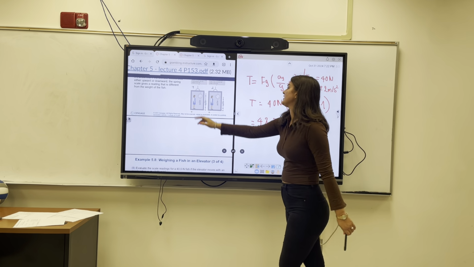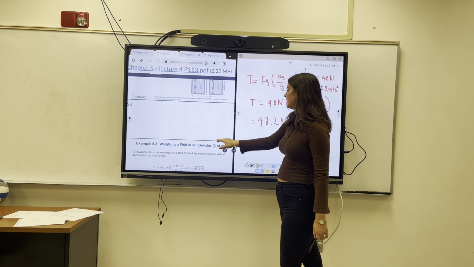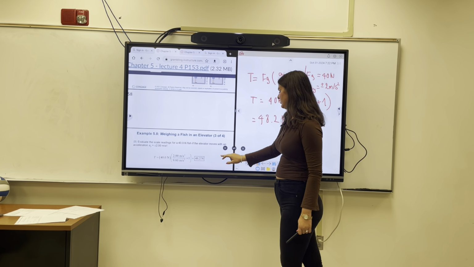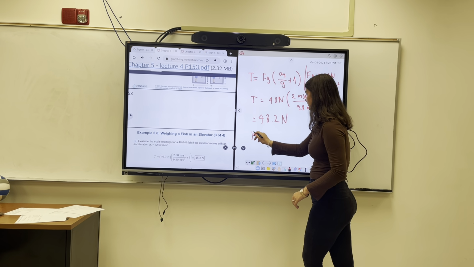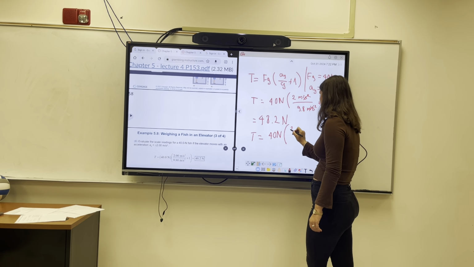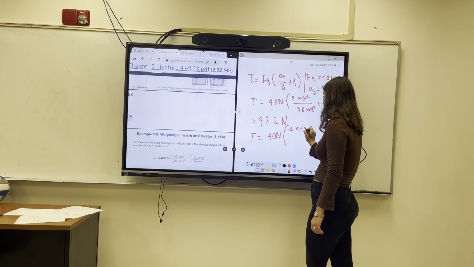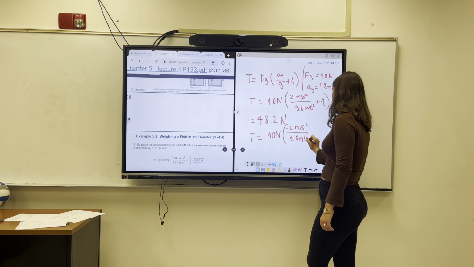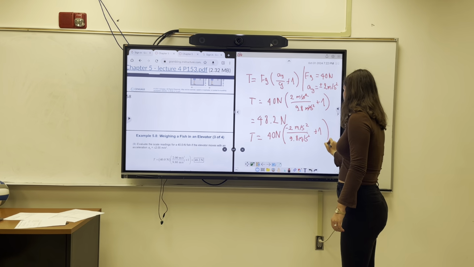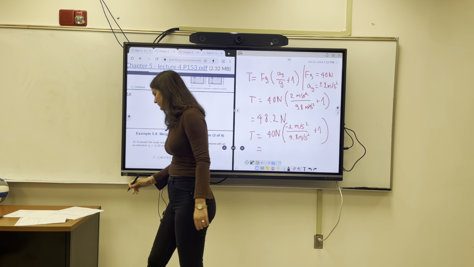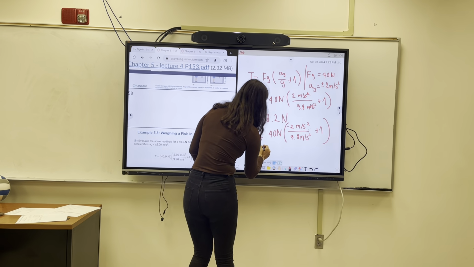In the case when the acceleration is in the negative direction, it's the same procedure with the same formula: minus 2 meters per second squared over 9.8 meters per second squared plus 1, which equals 31.8 newtons.